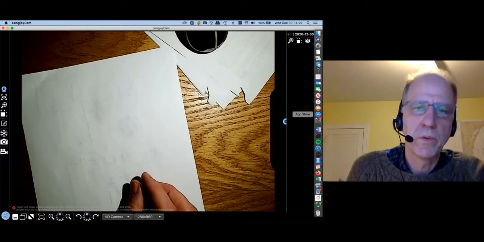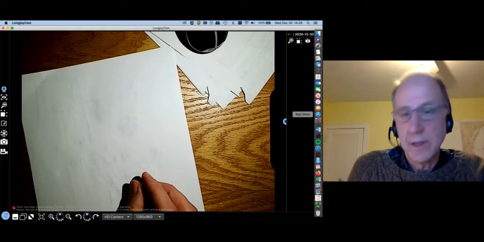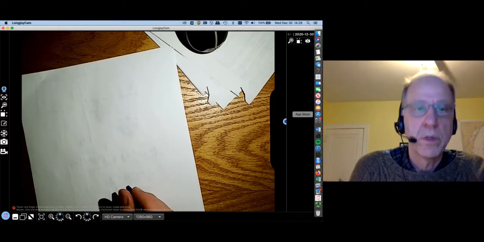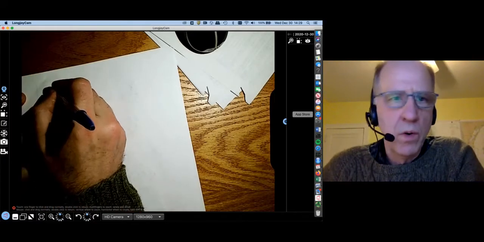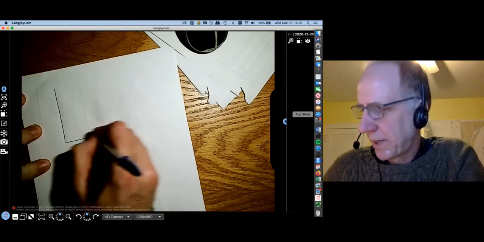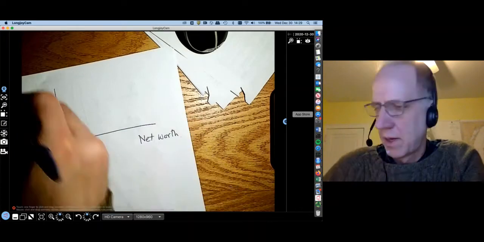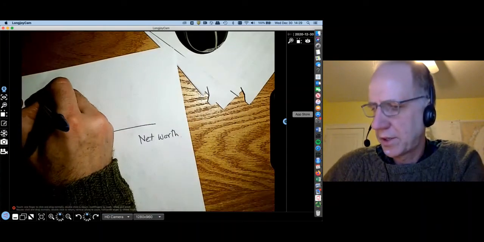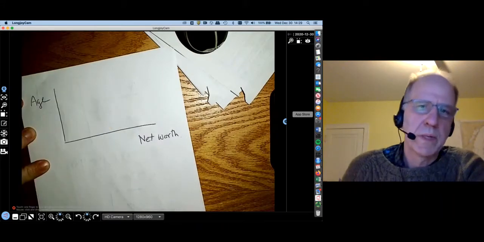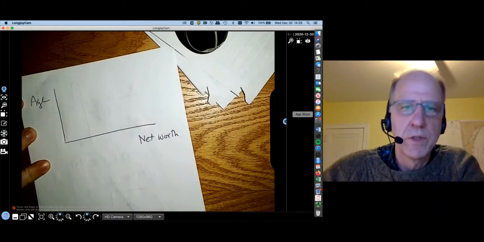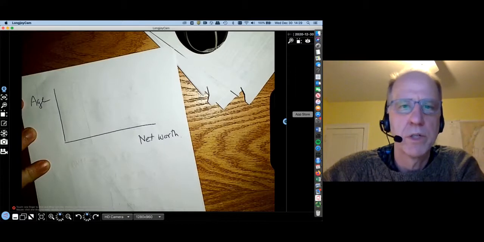Let me give another example of an initial split. A few years ago, I worked on creating a clustering system called cohorts. And cohorts clustered people based on their net worth as well as their age. This is a system that gets used by financial service providers like banks and brokerage houses.